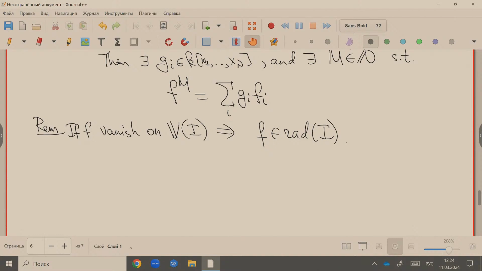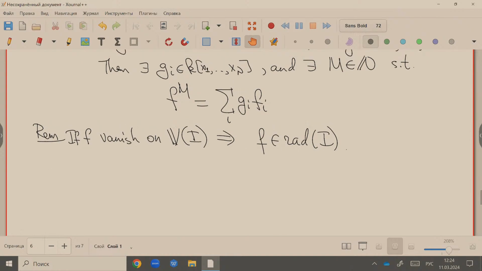But notice, so what is the geometric idea? So why is Hilbert's theorem on zeros a non-trivial theorem? Because it connects two types of points.